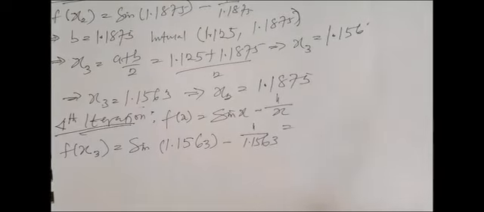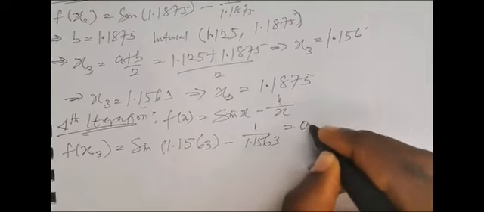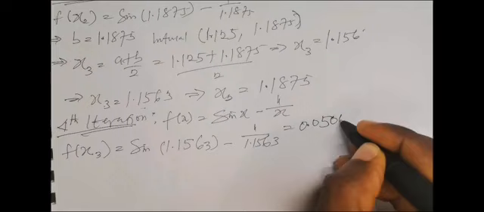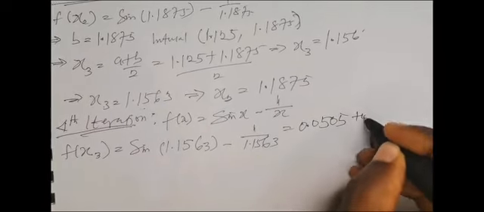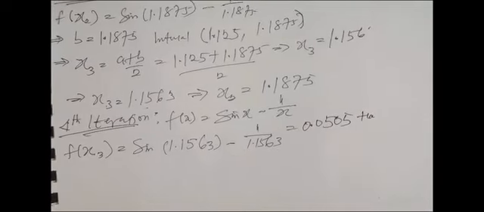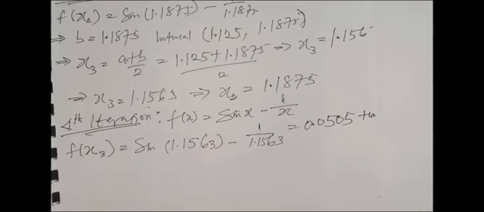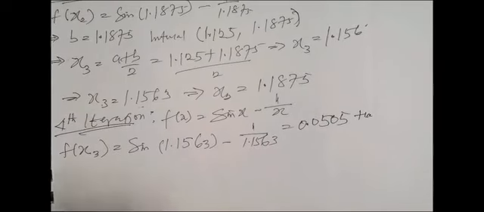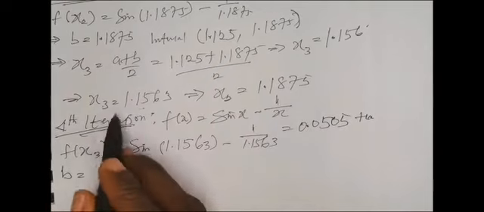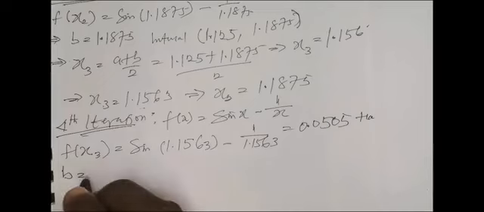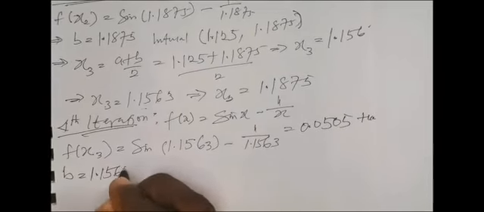We have 0.0505, which is greater than 0 and positive. Since it is positive, as always, it means that b is going to change to x3, and s3 is 1.1563, so b becomes 1.1563.